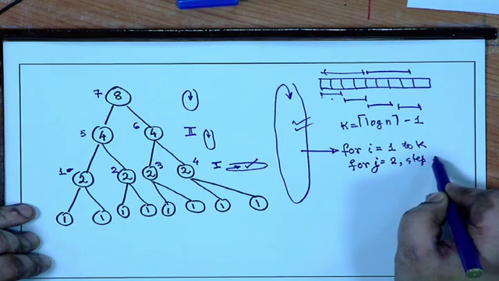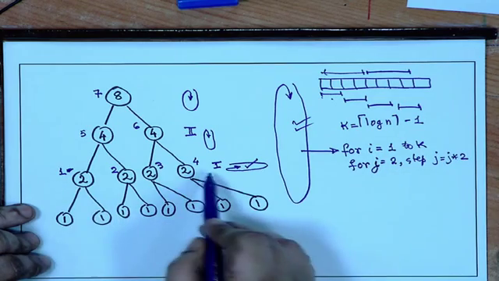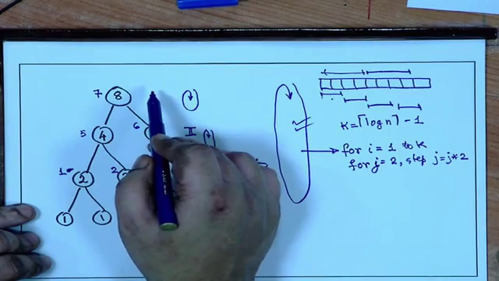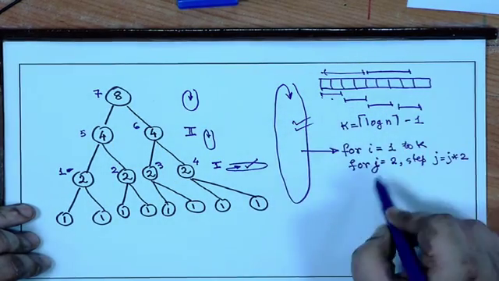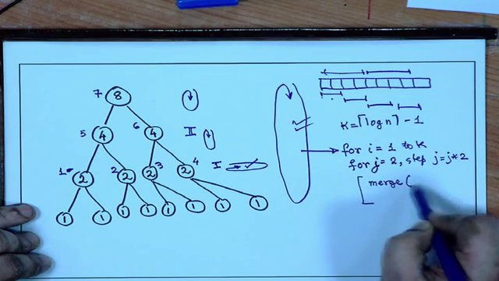What will be the step? j equal to j into 2, because first it will do 2, then 4, then 8, and so on. You have to do the indexing correctly, and here you will have to write the appropriate merge routine.